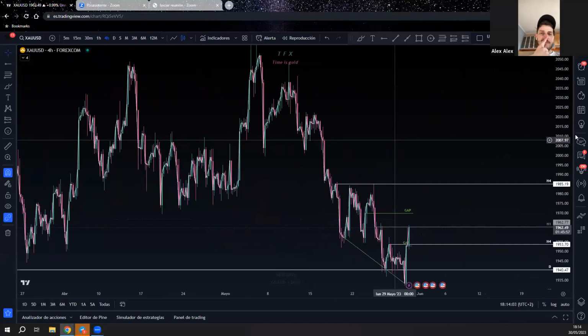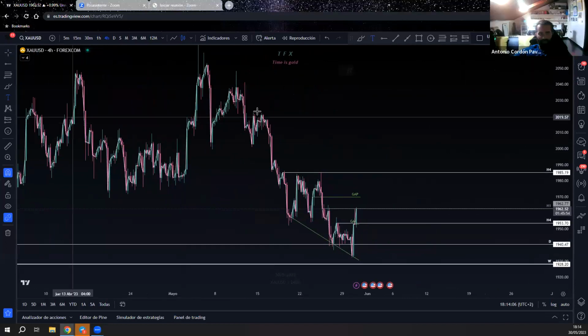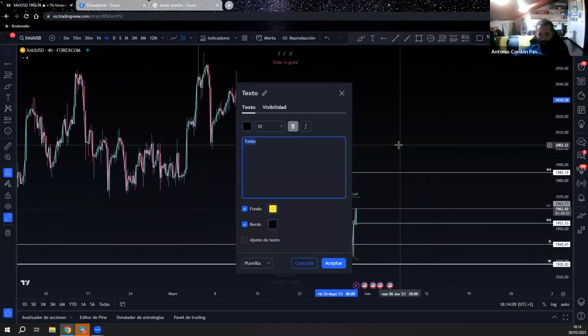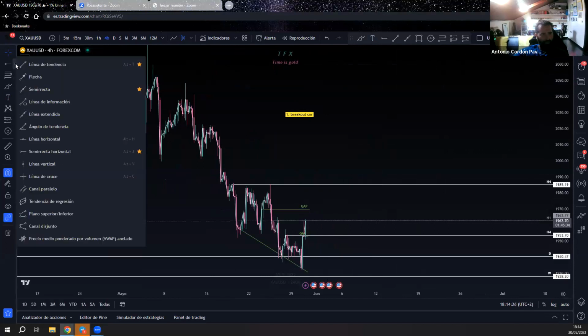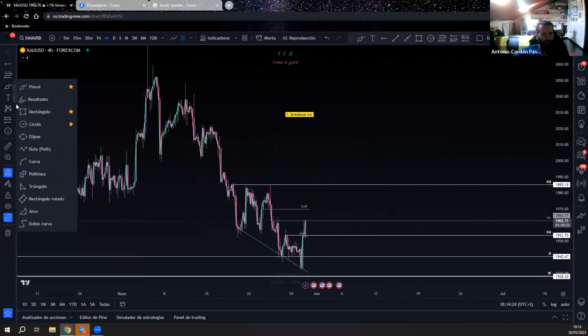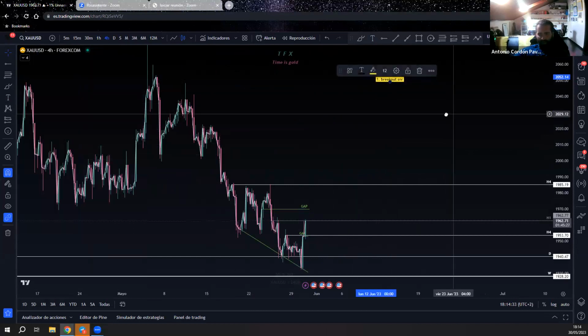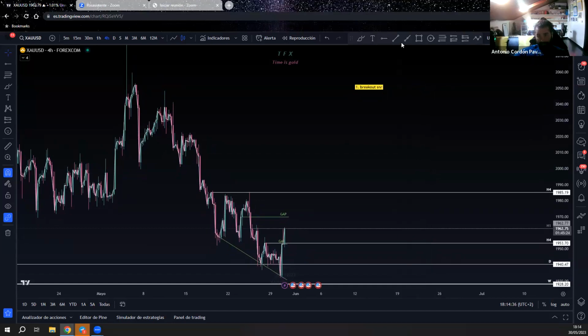Yep. So let's start with the SNR. We have around six types of SNRs. The first one is the breakout SNR. With the breakout SNR, we have to find something like this.